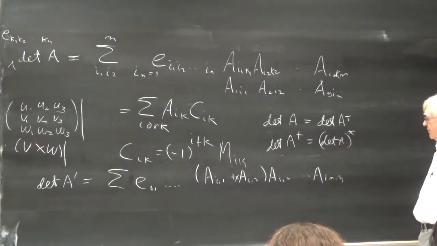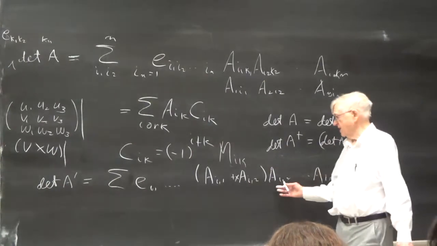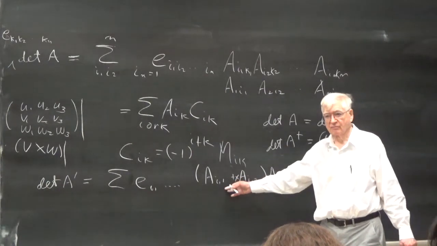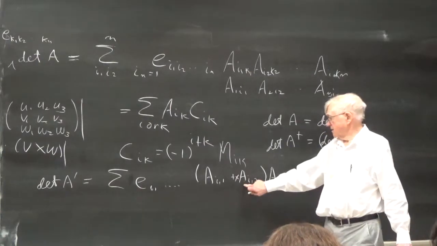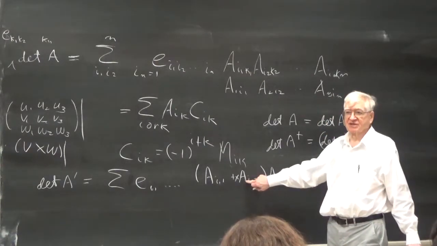So this is a determinant where you've taken the second column, multiplied it by X, and added it to the first column. This extra thing makes no difference.